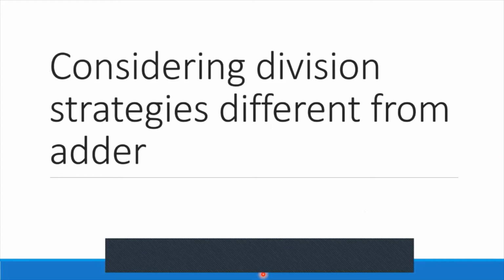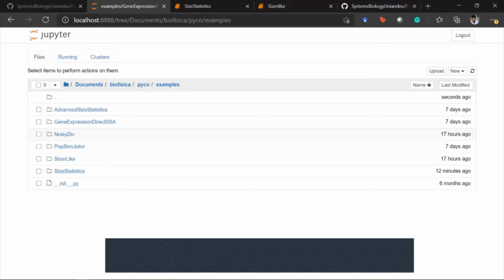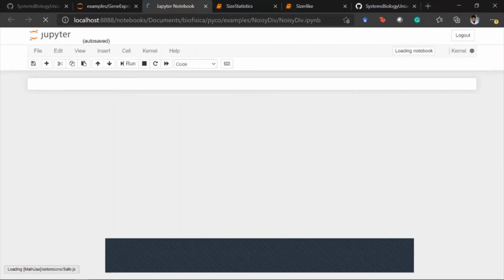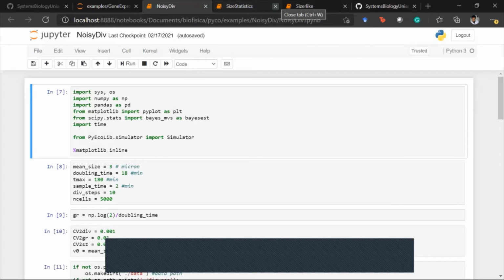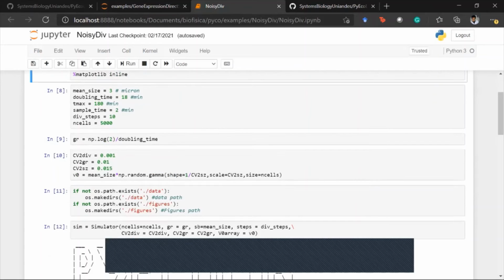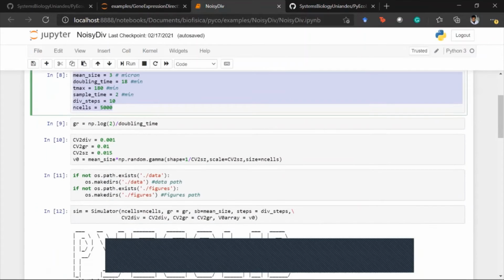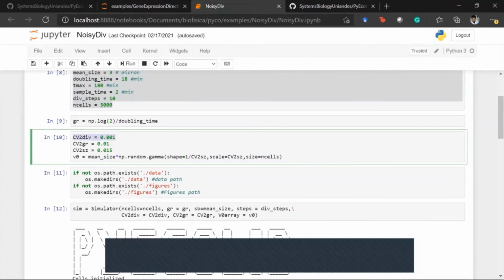You can implement this using the example noisy div. You can open it with the same parameters of size. You can add, for instance, this division CV squared, this growth rate CV squared, and this size at birth CV squared.